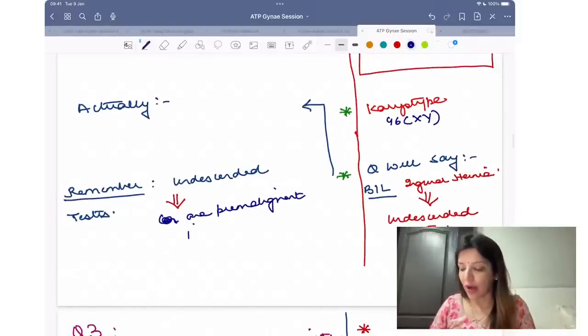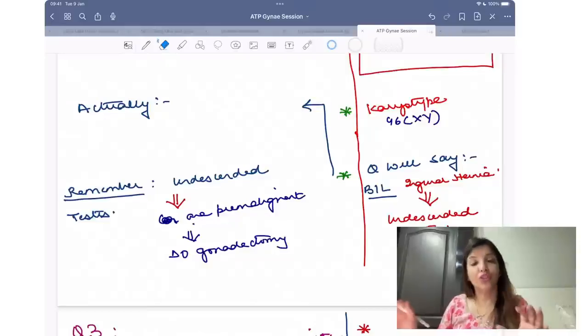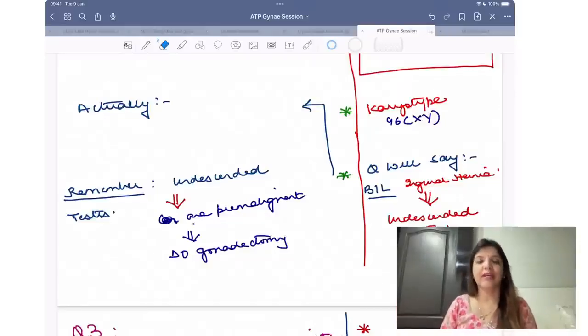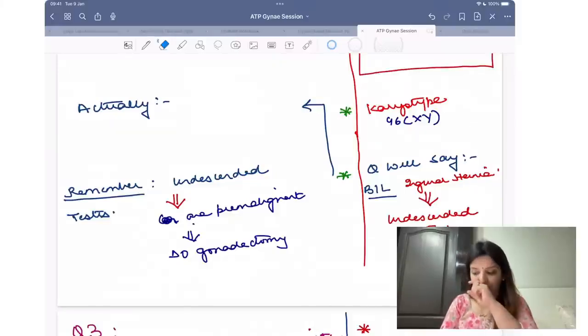That is why you have to do gonadectomy. So whenever a Swyer syndrome patient comes, I have to remove those testes. Clear? Yes? So I have to do a gonadectomy.